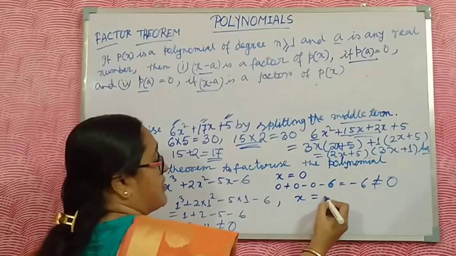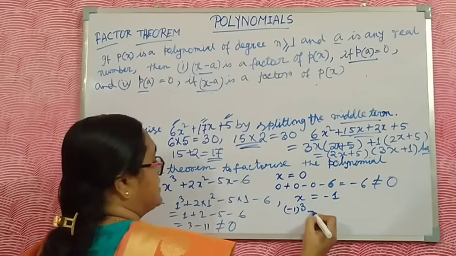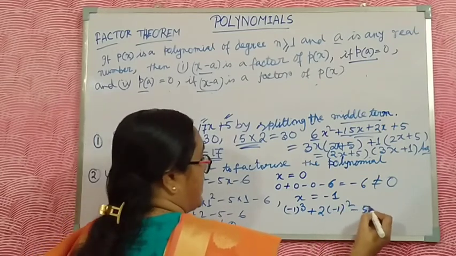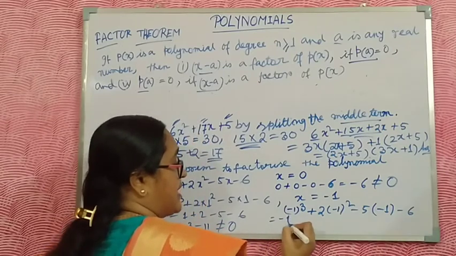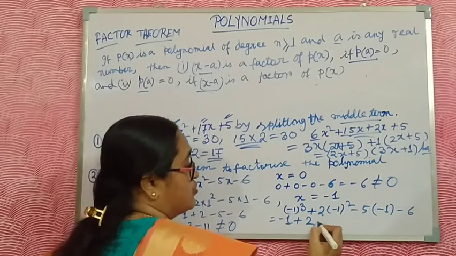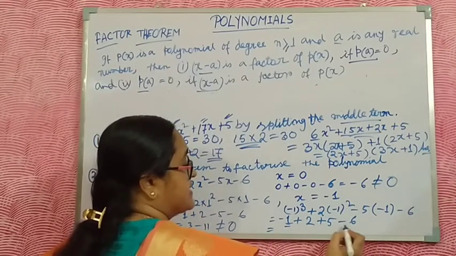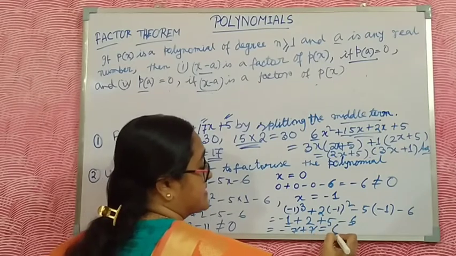Now I try minus 1 here. This is minus 1 cube plus 2 times minus 1 square minus 5 times minus 1 minus 6. This is minus 1, and then 2 plus 5 minus 6. This is minus 7 plus 7, they cancel. This is 0.